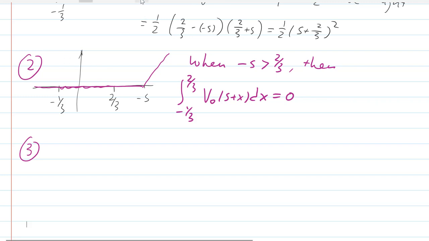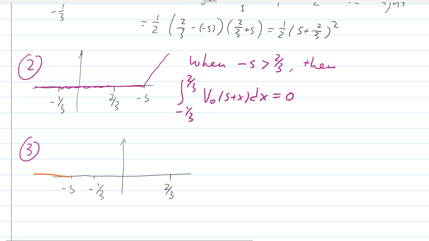So if you look at the last case, we have this situation because it depends where this negative s is. So now negative s is outside negative 1/3 and 2/3, right? And your function is still the same.